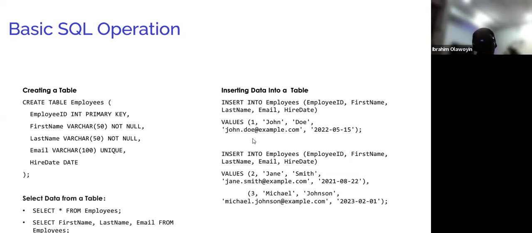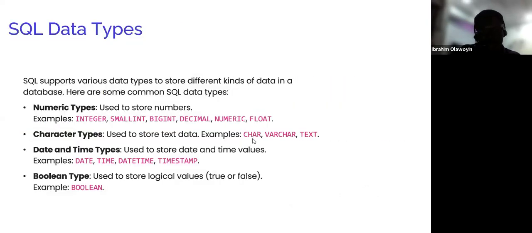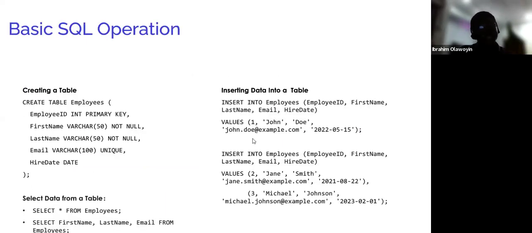We now open a bracket, inside our parentheses, and start defining our columns. So we say employee ID, and in front of employee ID we say INT. Don't forget this INT here. In our data types, INT is number, which means anything we are filling as employee ID should be an integer.